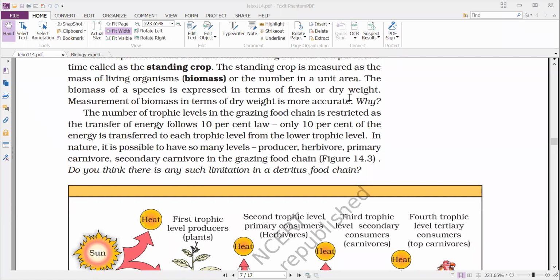For example, if a herbivore is eating only leaves, it will not eat other parts of the plant. So whatever energy is transferred, the remaining is left with that plant only. When the plant dies, it will be decomposed and lost into the environment. So the amount transferred will be 10% only.